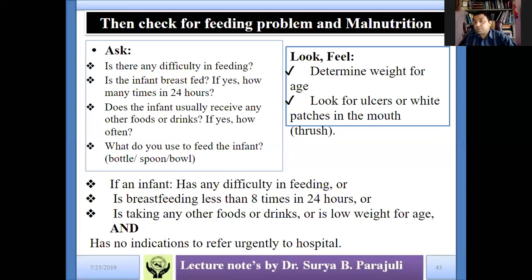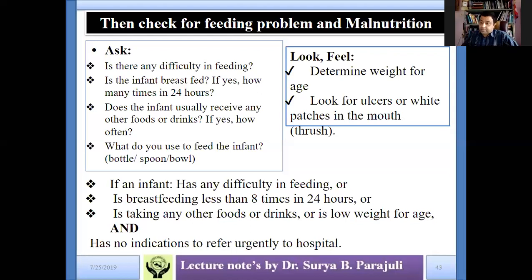Up to 6 months, we are expecting exclusive breastfeeding. But in our society, in our cultural perspective, they used to feed some liquids and other foods despite exclusive breastfeeding. If yes, how often? What type of food? What do you use to feed the infant? Bottle feeding, spoon feeding, or bowl feeding?